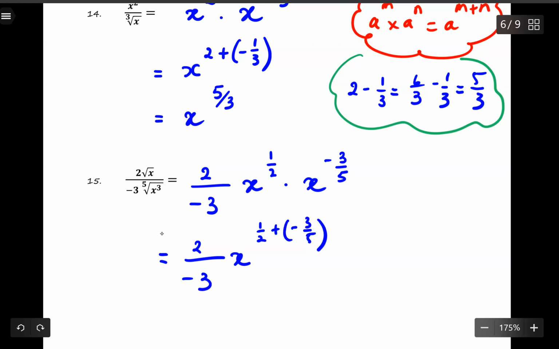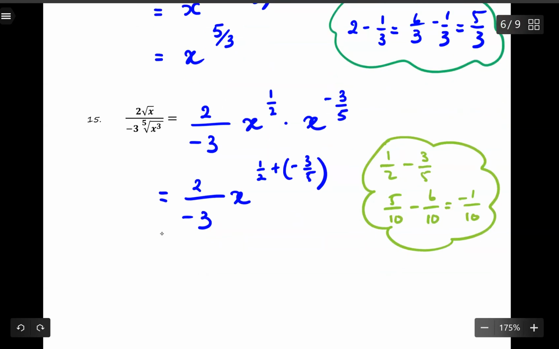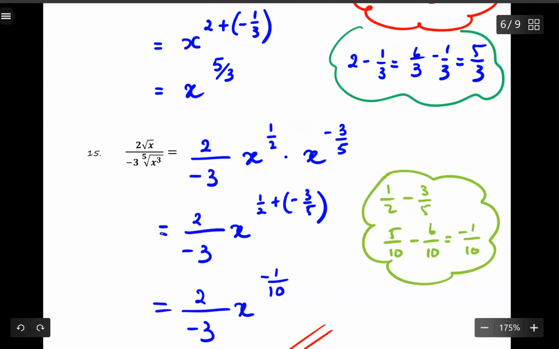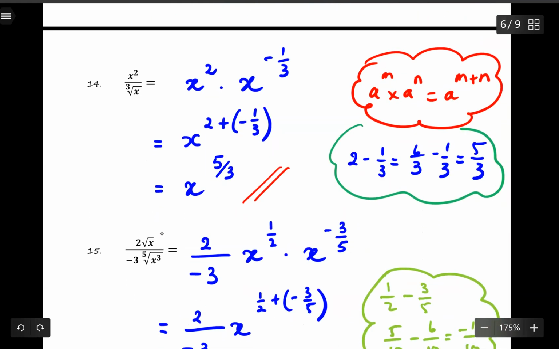Okay, so in this case, what do I get? 1/2 subtract 3/5. So I will have 5/10 subtract 6/10. So in this case, I should have -1/10 as my fraction. So then this will become x to the exponent -1/10. So double check, we are good. And the same thing here.